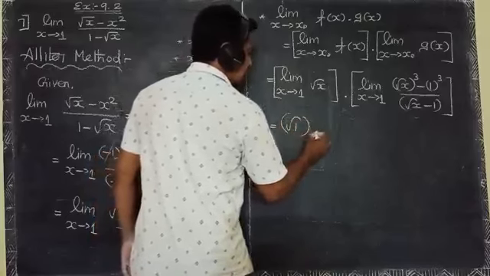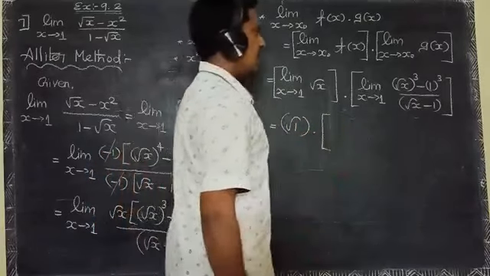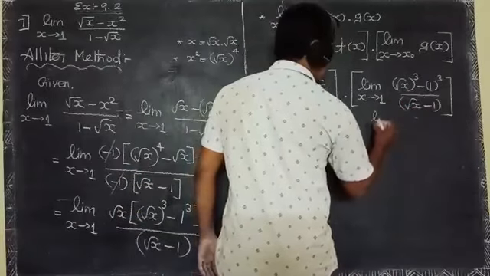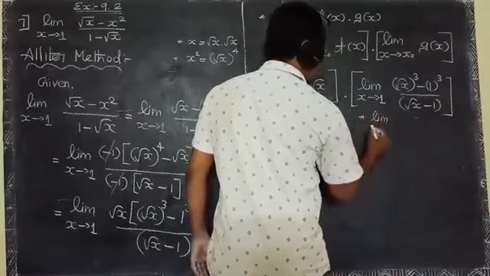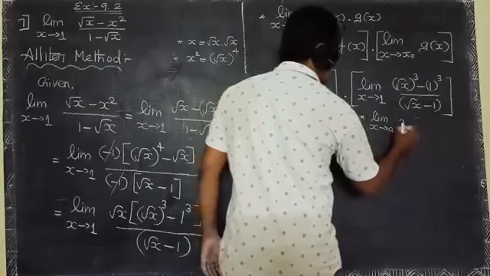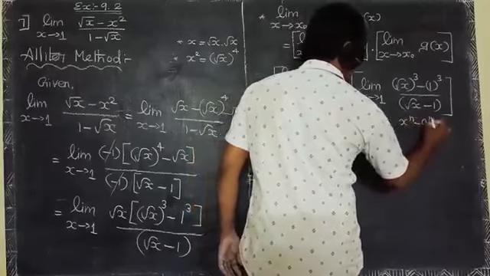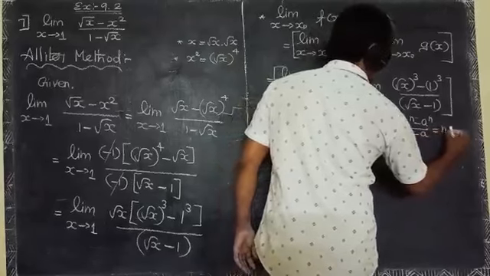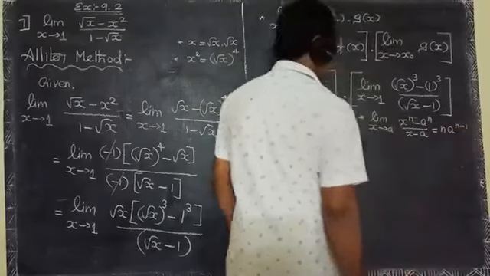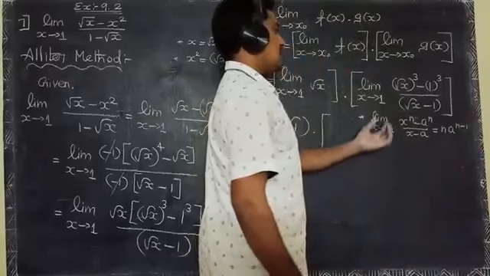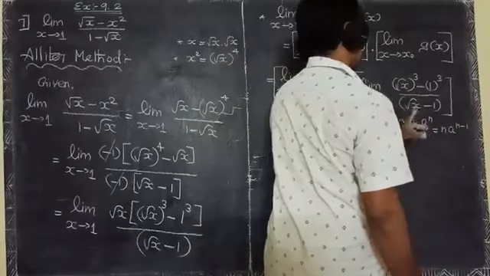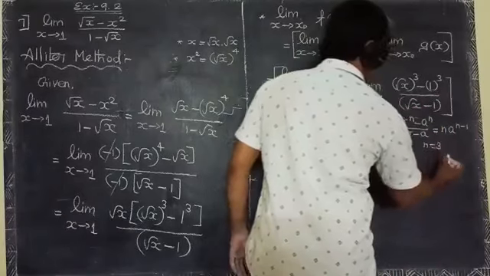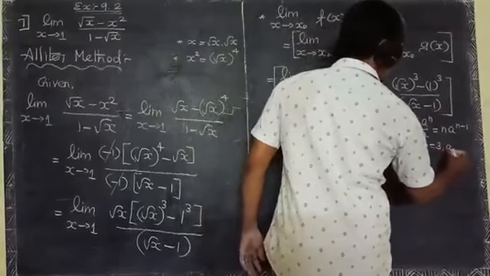Into here, this is in the form of limit x approaches a of (x power n minus a power n) divided by (x minus a), which is equal to n into a power n minus 1. Similarly, using this property here, n equal to 3 and a equal to 1.